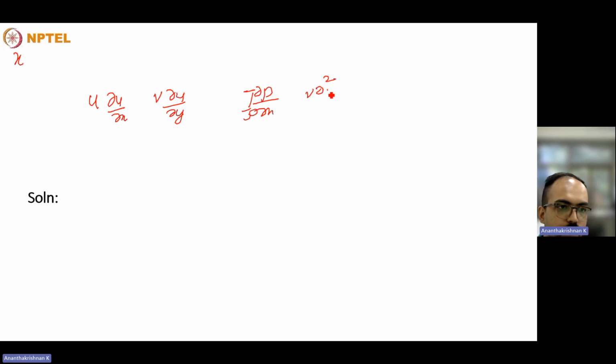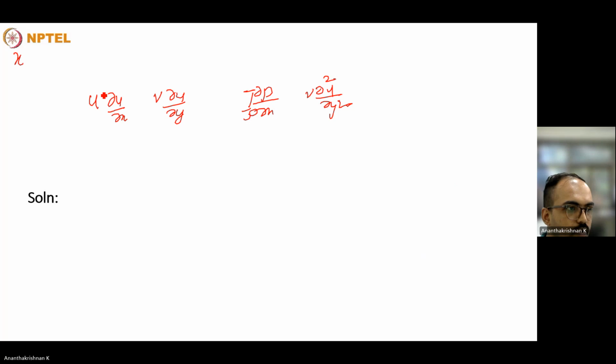But still, we do not know the scaling of the pressure. So we know on the left hand side, u ∂u/∂x plus v ∂u/∂y in the momentum equation, equals minus 1 by rho ∂p/∂x, and here it will be nu ∂²u/∂y².